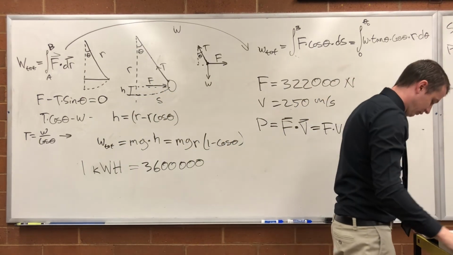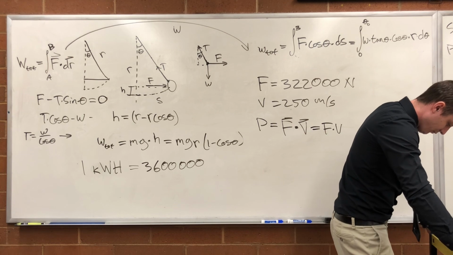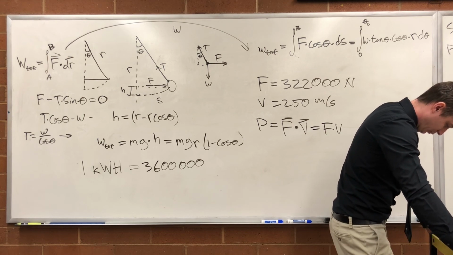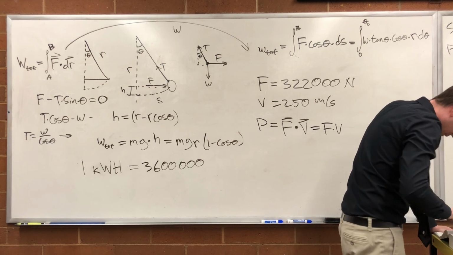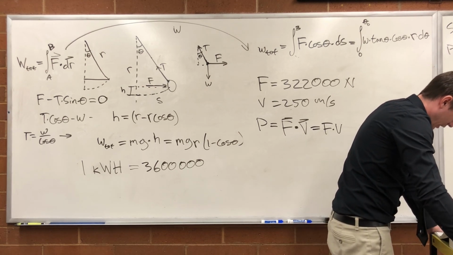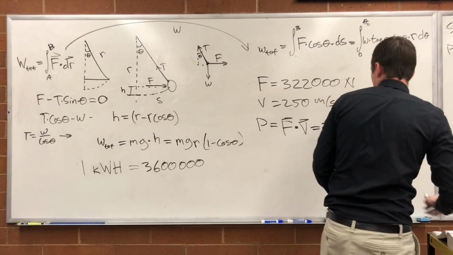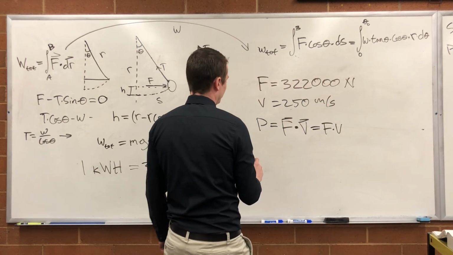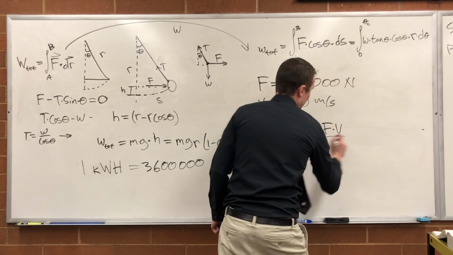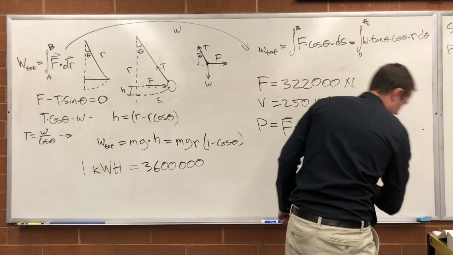Let me convert watts to whatever. Horsepower. So apparently 1 horsepower is 746 watts. So our power in terms of horsepower will be that divided by 746.